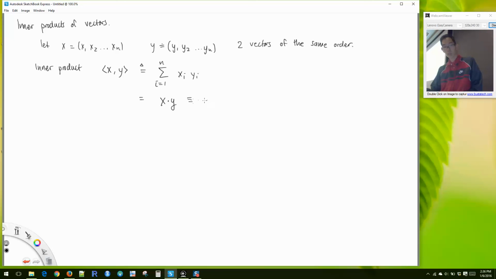Or if we were to transpose the x, this can also be the dot product of x and y. So it's element-wise multiplication and then adding them all together.